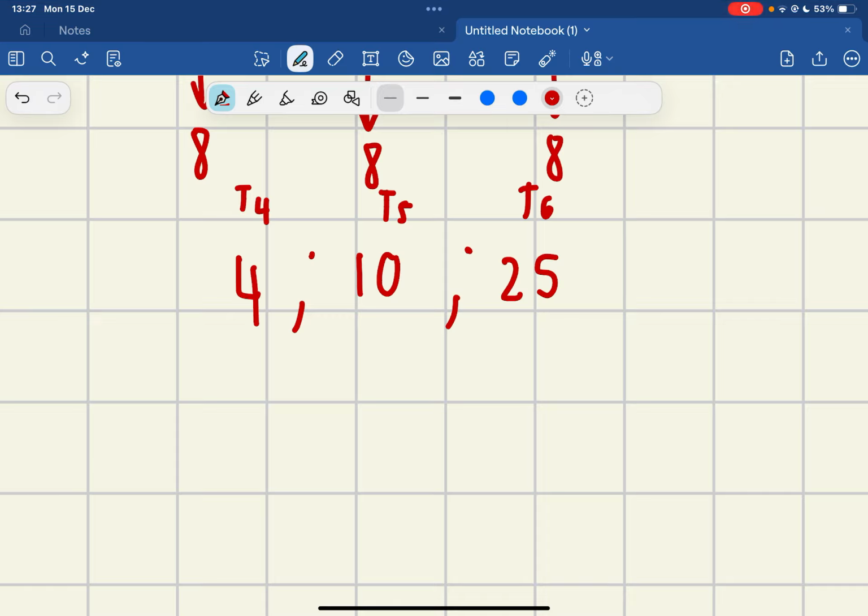Now, given this, boys and girls, we are told it's a geometric sequence. So therefore, we know that we have a common ratio that's the same between consecutive terms. That being said, we have our R value. So let's quickly try find our R value. In this case, it would be 10 over 4 or 25 over 10.